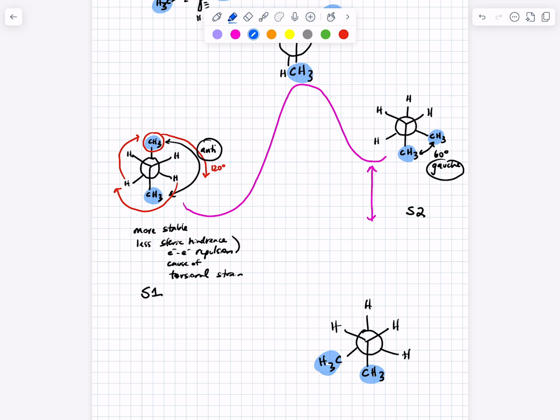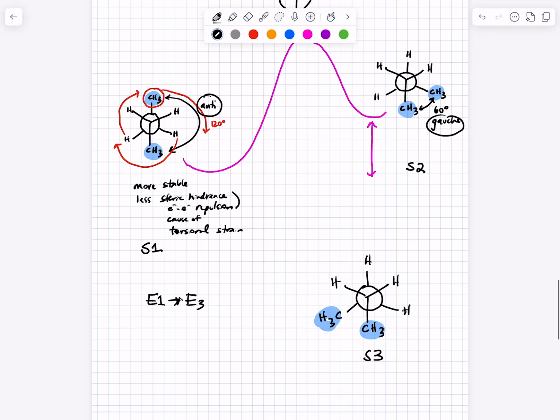Do you see that other gauche conformation? Now, imagine the eclipsed conformation that would be between staggered 2 and staggered 3. Which groups would be eclipsed with each other in that conformation? Yeah, the methyls. I'm just going to draw that real quickly here.